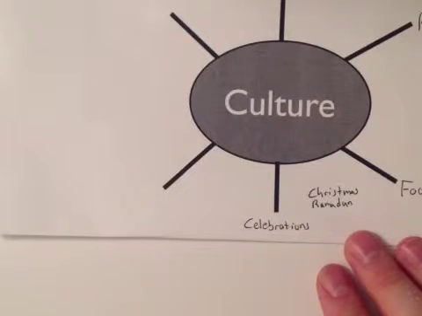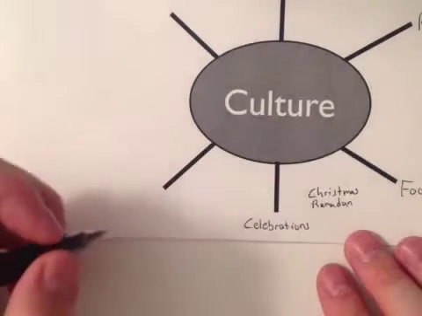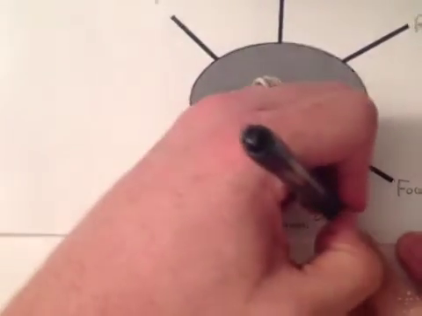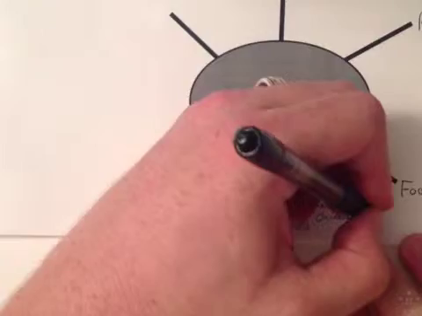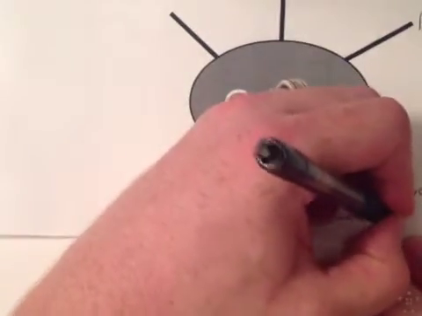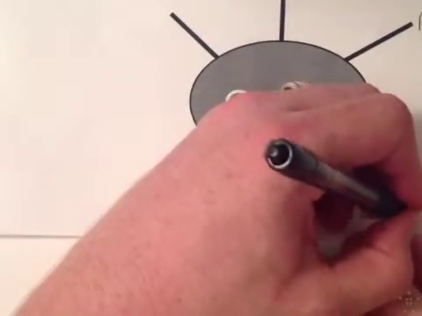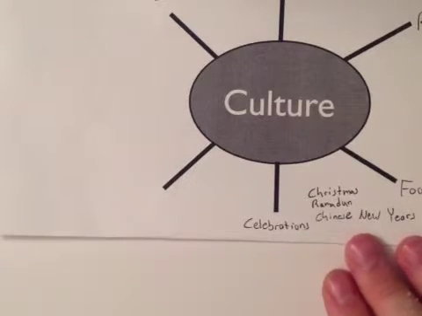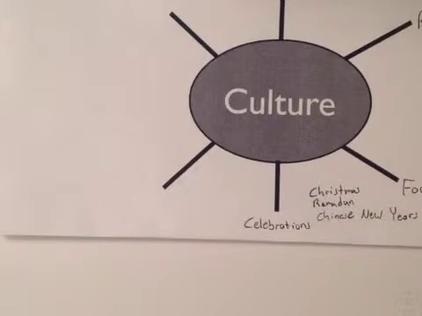We're also going to have another celebration that we like, the Chinese New Year. Excuse my handwriting, this is why Mr. Sledge always types stuff up. So we're going to have Chinese New Year's. These different holidays mean different things in different parts of the world, but they're all part of each individual country's culture.